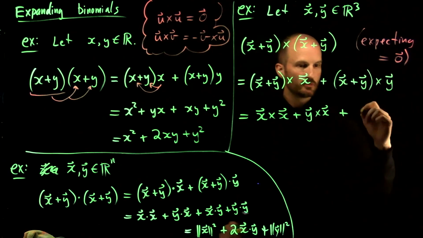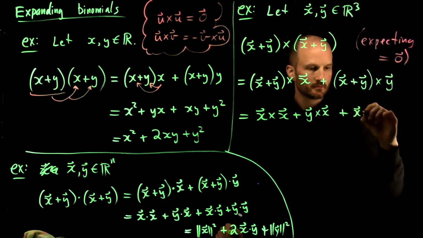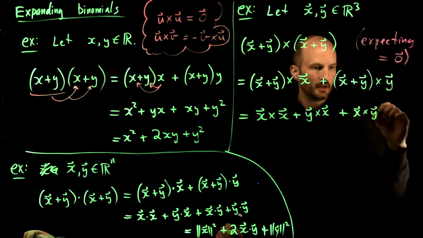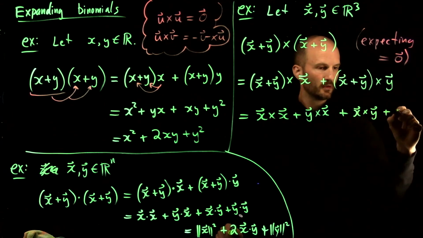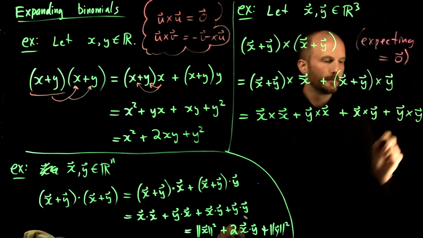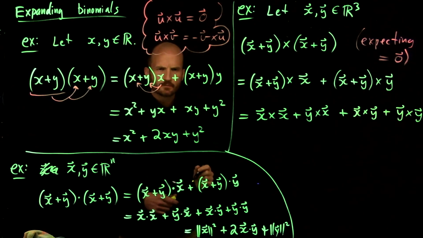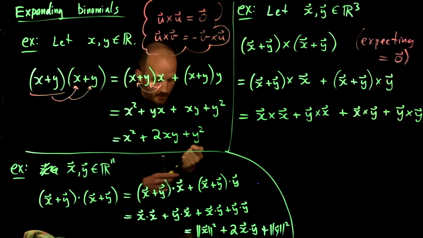Okay, do this distribution here. We got X cross Y plus Y cross Y. Now, how does this end up being zero?